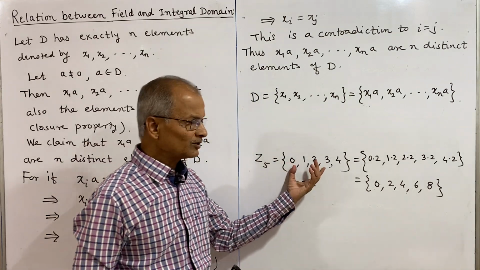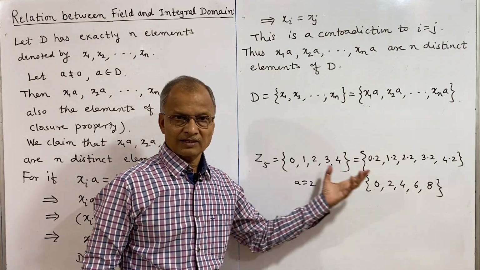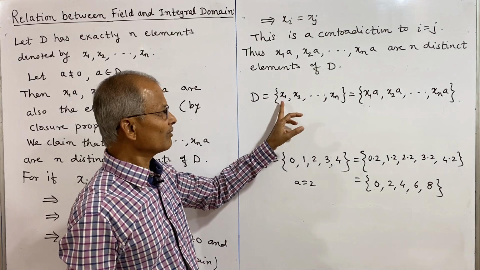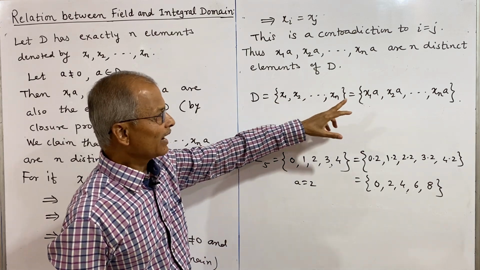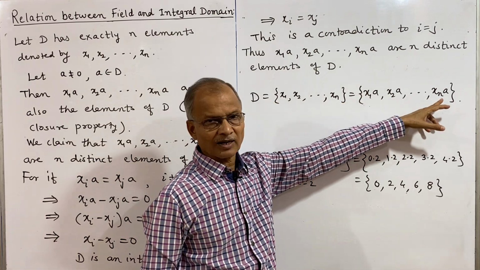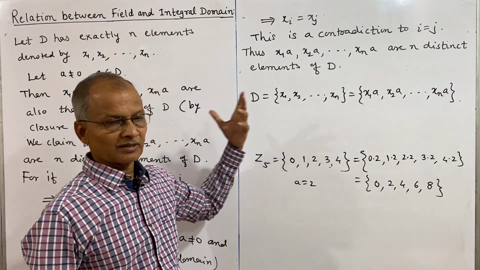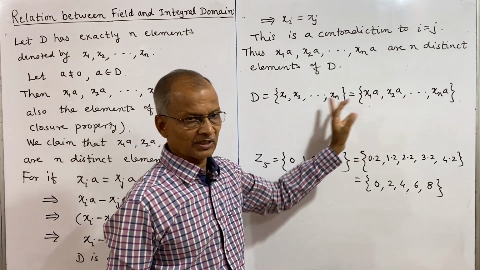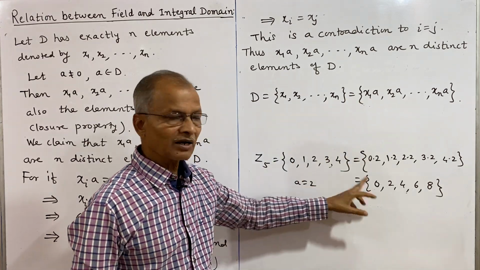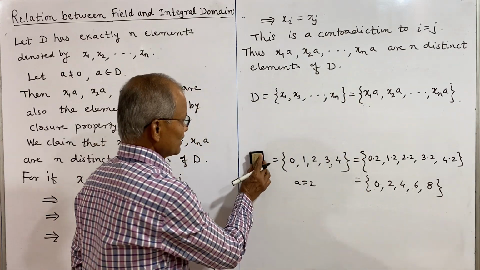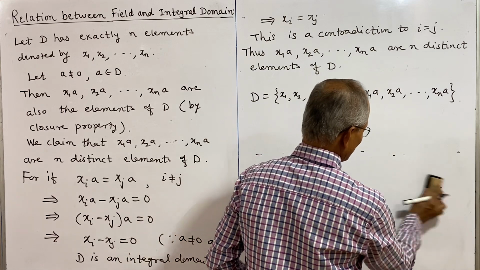So these are actually the same elements, and the same thing is happening here, though we have written x1, x2, xn, and here x1a, x2a, etc. These are exactly n elements in both the sets, and the relation is they are congruent to each other. So this is the case.